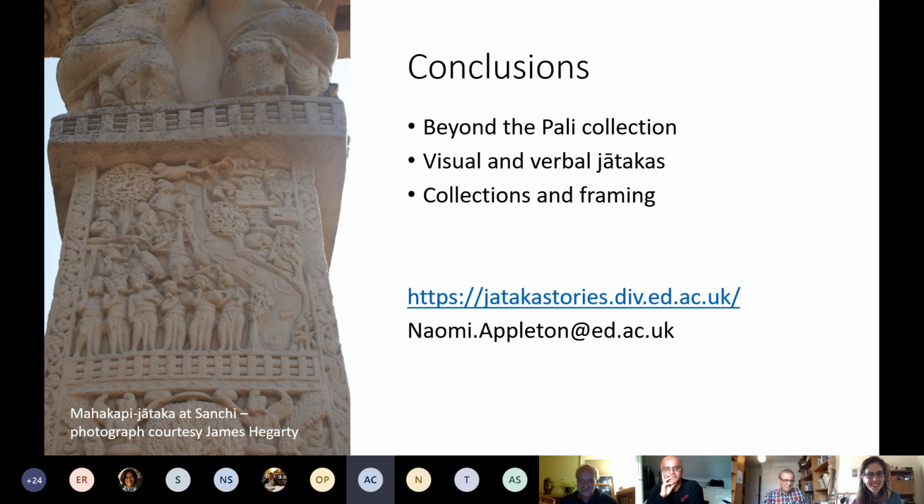Advertising the set of Jataka operas that came out relatively recently in Thailand. So there's definitely scope for huge expansion, and obviously cartoon books and all sorts as well. So this could get quite out of hand in the end, but with all things, you've got to start somewhere.